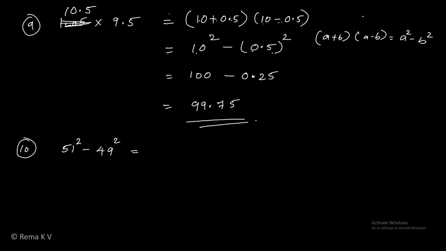We are applying the identity in this order. How can you write this? Consider it in the reverse order. See, check this. This is of the form a square minus b square. a square minus b square can be written as a plus b into a minus b. So how can you write this?